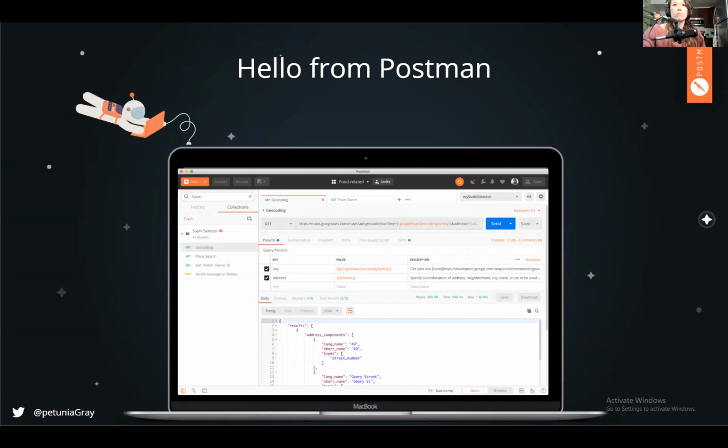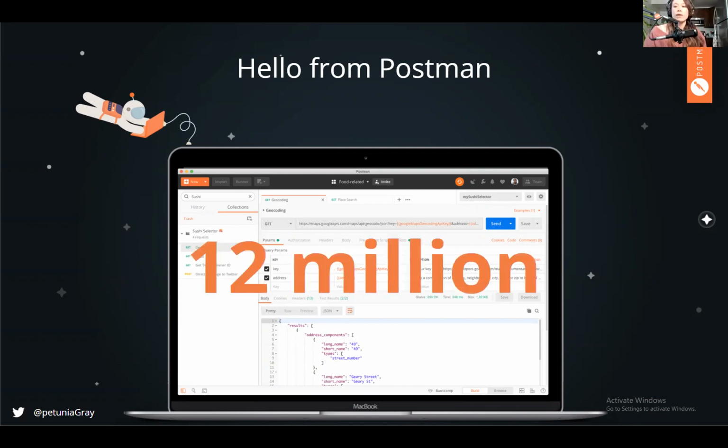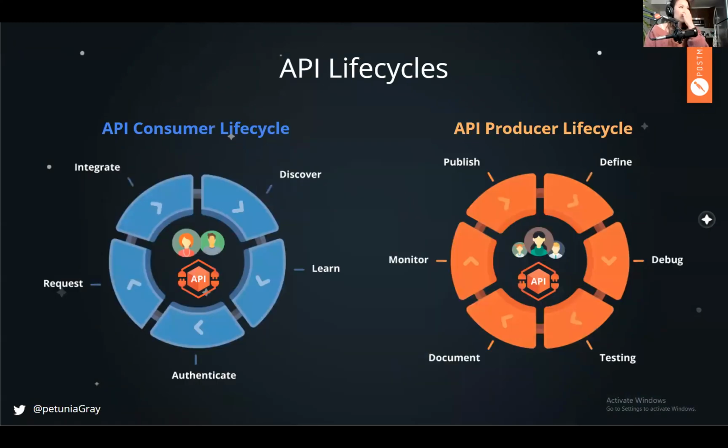So hello from Postman. This is what Postman looks like. You might have seen it or at least seen screenshots of it, maybe in other people's documentation. And today we have 12 million people using Postman in one manner or another. So this is the one architectural diagram or diagrammy slide I have for you, but there's 2 API life cycles, and I would say the vast majority of people spend it on the left side.